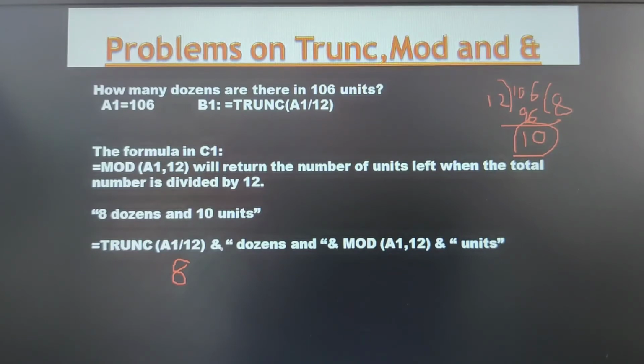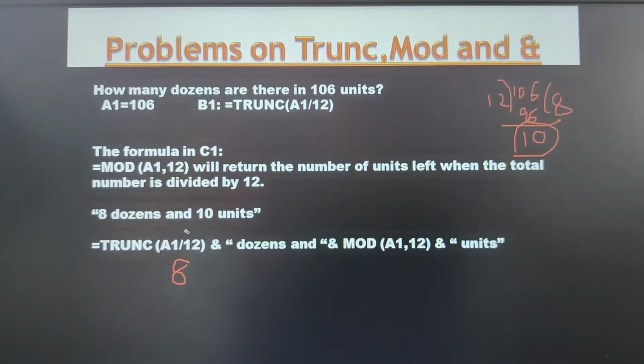Since we have a text here, it should always be enclosed within double quotes. Therefore you have to use this particular symbol and then mention what text you would like to concatenate or attach. So write it there, after which we have the next formula. The next formula has to get concatenated to the previous text. Therefore, again we have to use the ampersand operator, followed by your next formula.